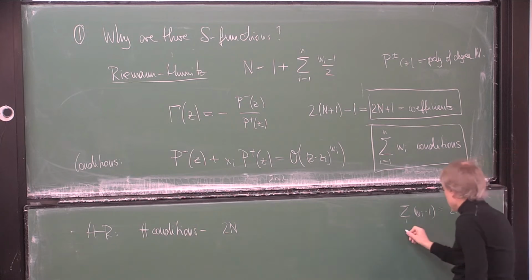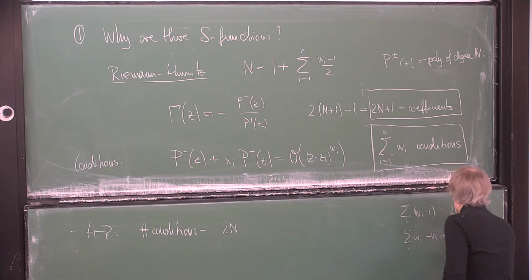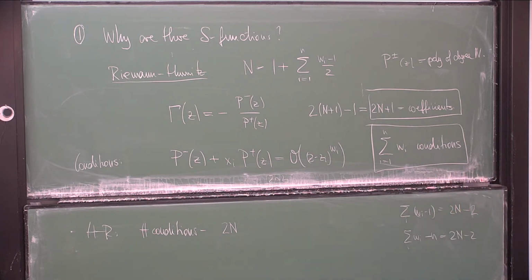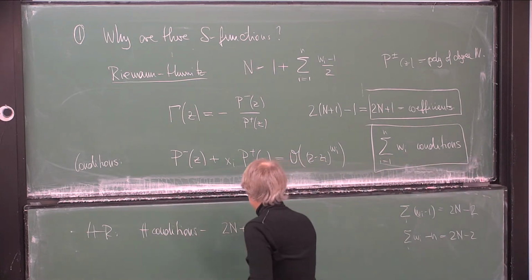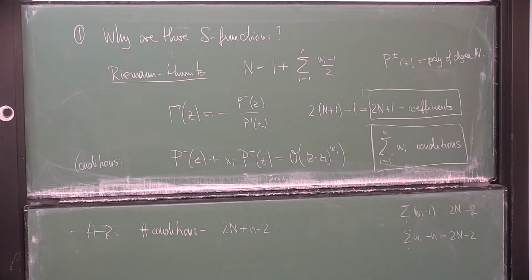And then the sum over wi minus n is equal to 2n minus 2. So the sum over the wi is equal to 2n plus n minus 2. That's the number of conditions I have to solve.